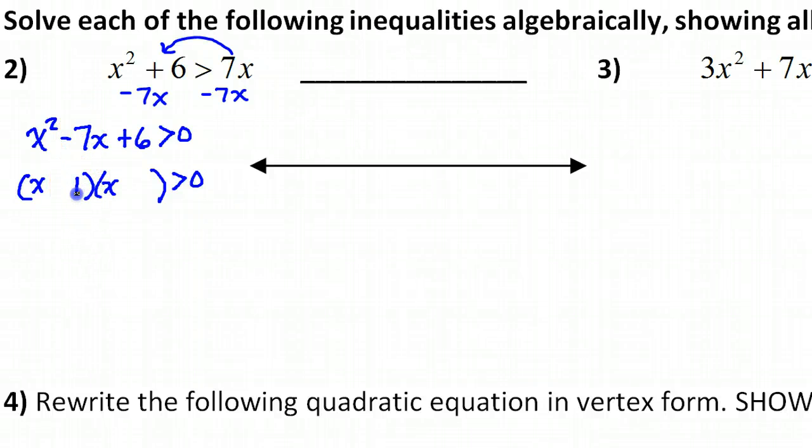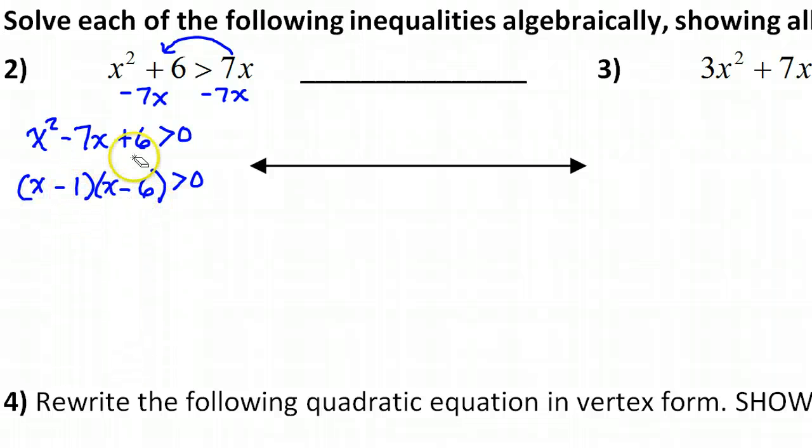Inner we have 1x, outer we have 6x. If we're trying to get a negative 7 out of this, that can happen if both of these are negative. So we're talking about negative 1 and negative 6. And a negative times negative is a positive, so this is looking good.